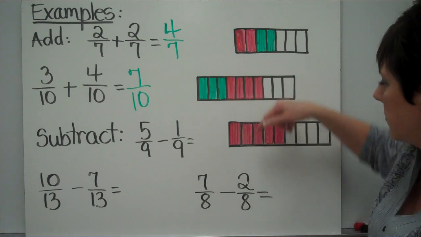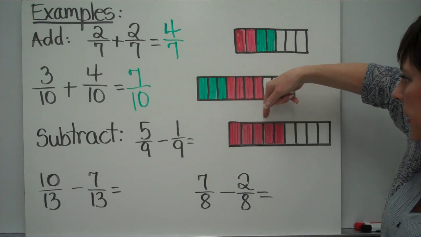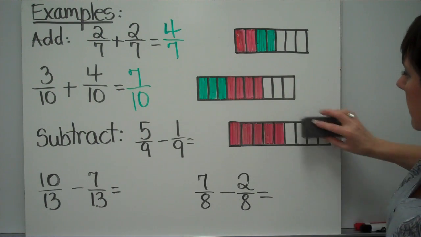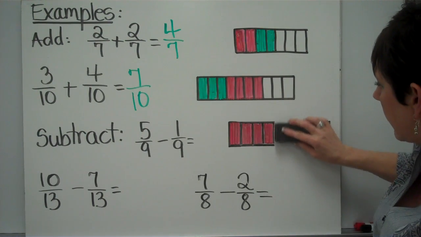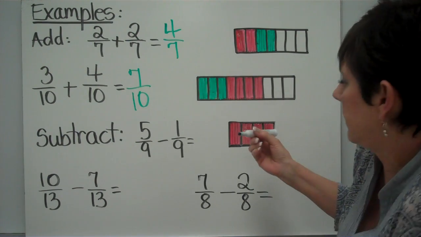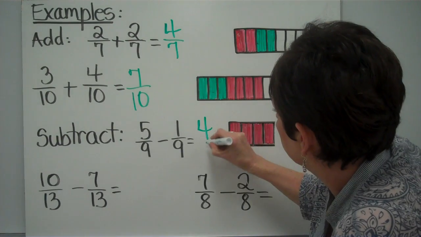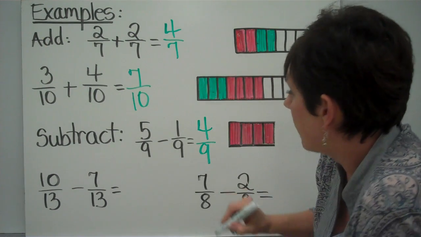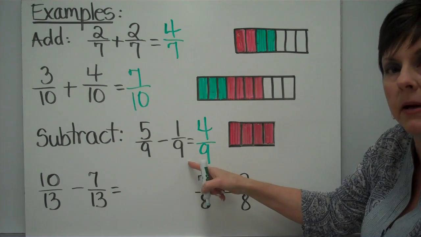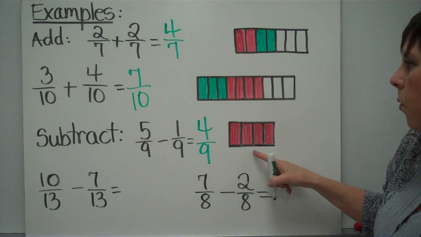And we have 5 of them shaded in. 5/9 minus 1/9 would equal what's left? 4/9. Not 4/0. Remember that the denominator stays the same.